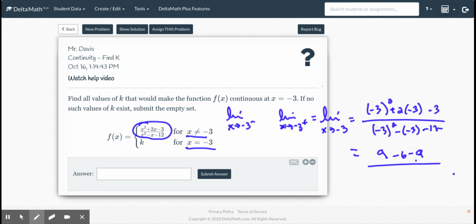On the bottom we get 9. That becomes plus 3 minus 12. All right. Let's go ahead and evaluate this. We might run into a little bit of a problem here. Let's see, we get negative 6 over 0. Yeah, as our answer. Okay.